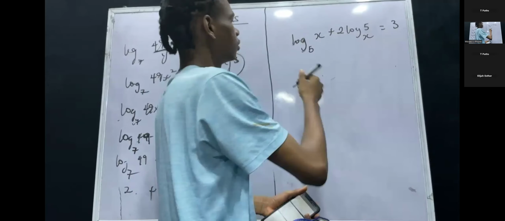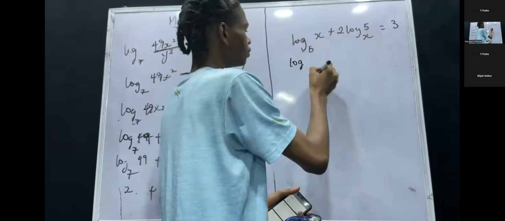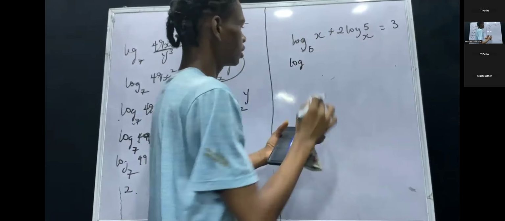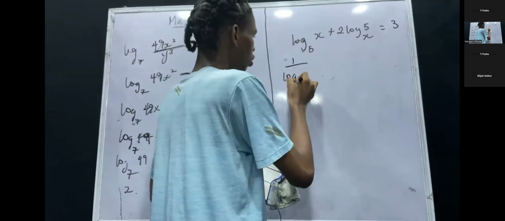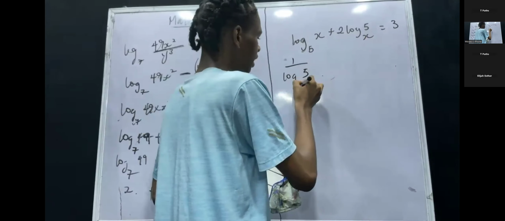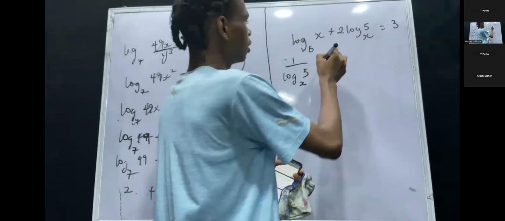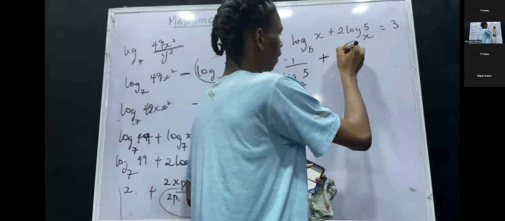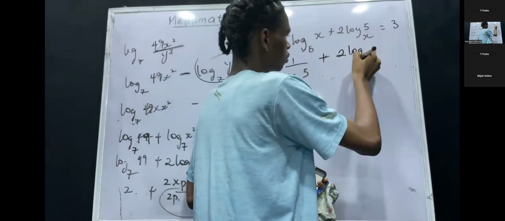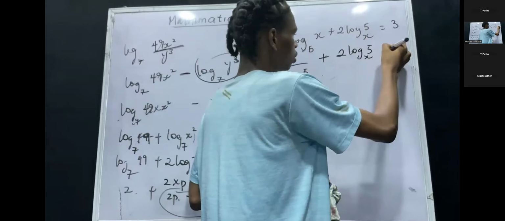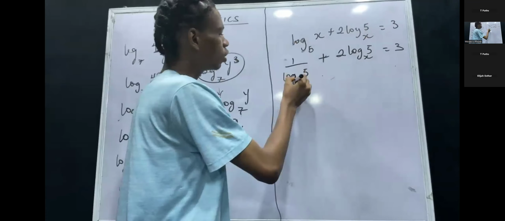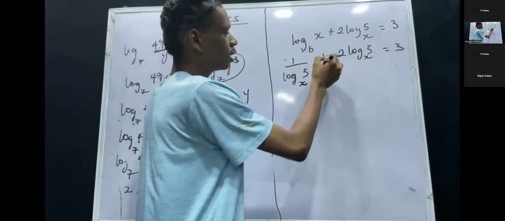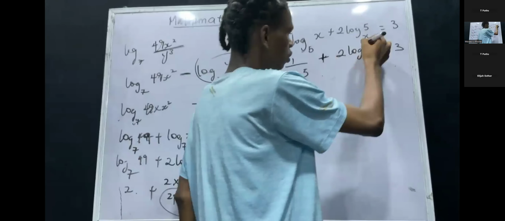Since I want to invert this, I'll have 1 over log 5 to base x, right? Plus 2 log 5 to base x is equal to 3.